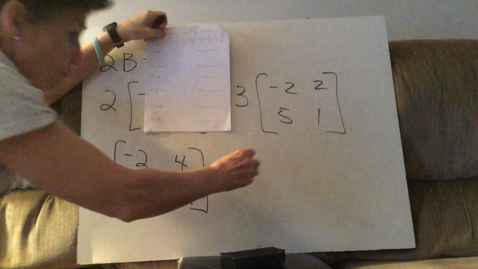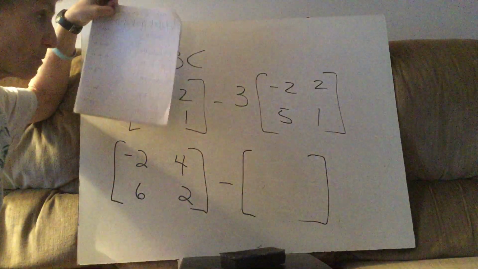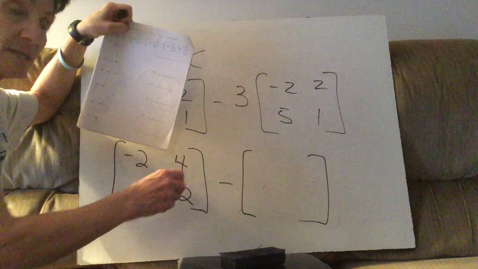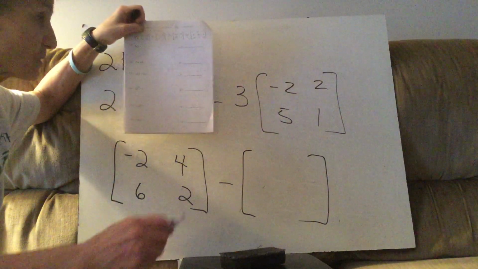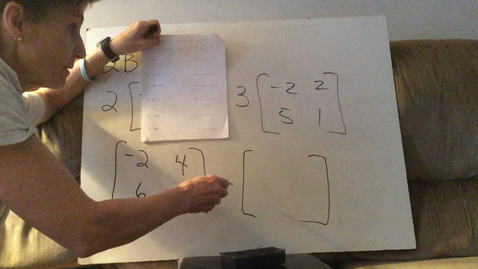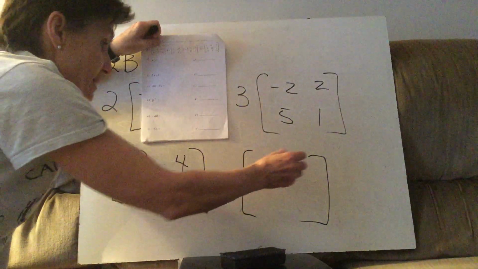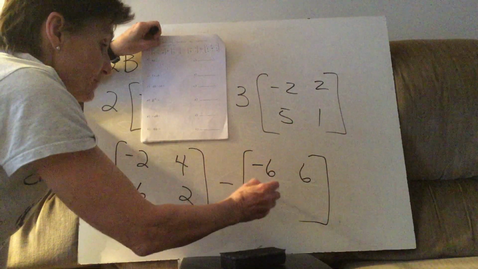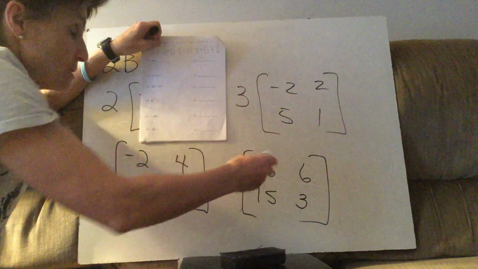So I'm just going to distribute the 3. You could also distribute a negative 3 and make it a plus if you wanted to. I don't know which way you want to do it, so I'm just going to do it this way. I'm going to leave it a minus. It's a subtraction problem. And this is going to be negative 6, 6, 15, 3. So I took 3 times all of those numbers.